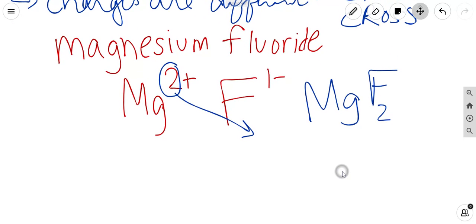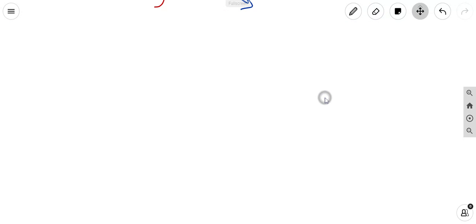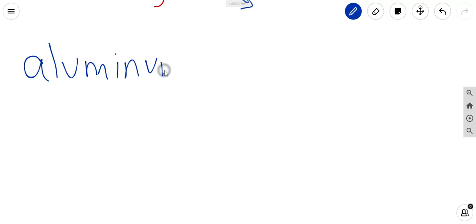All right, moving on, you can have a double crisscross. Let's say we have aluminum sulfide. Aluminum is in group 13, so it has 3.